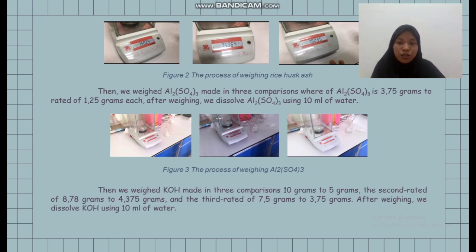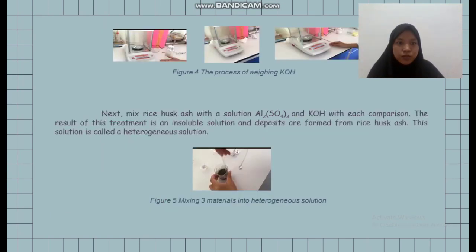After weighing, we dissolve the potassium hydroxide using 10 ml of water. Next, mix the rice husks with the aluminum sulfate and potassium hydroxide solutions in the comparisons.